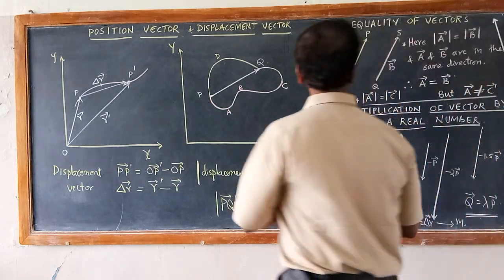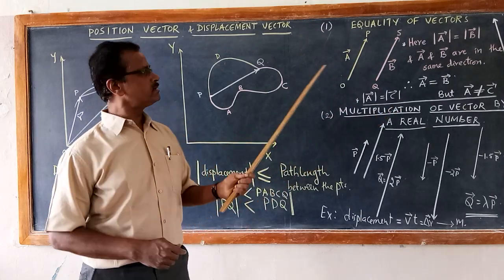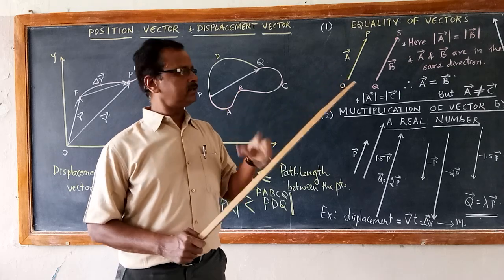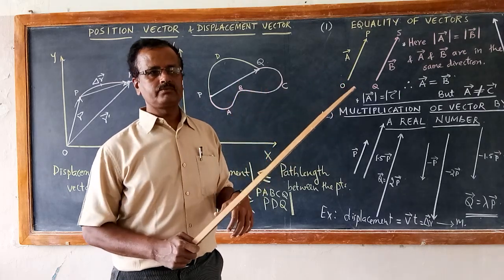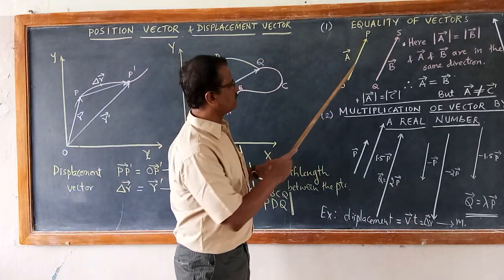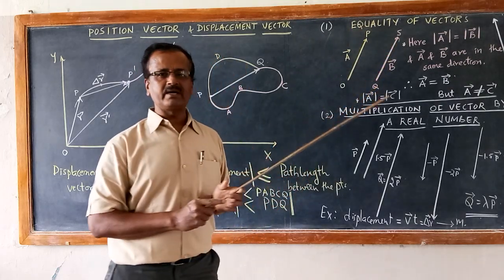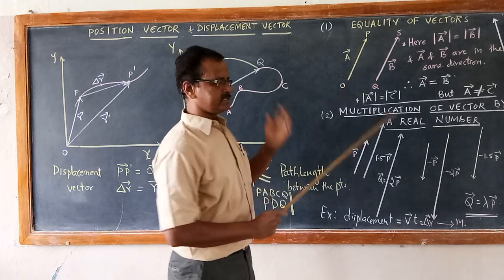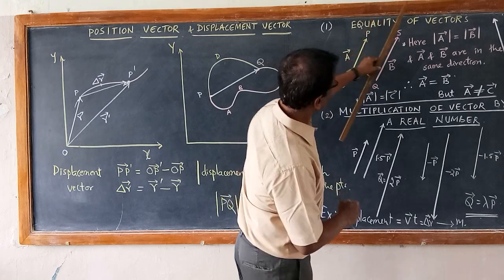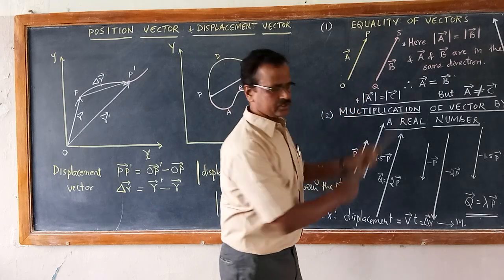Now let us see the properties of vectors. First we will see the meaning of equality of vectors. When do we say that two vectors are equal? Let us say OP is represented by vector A, and QS is represented by vector B. For these two vectors to be equal, their magnitudes, their lengths, should be equal, and they should be in the same direction.